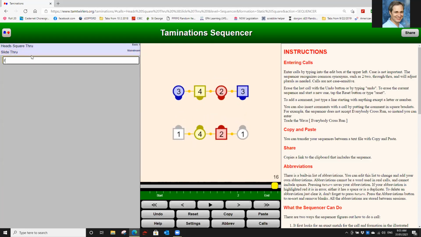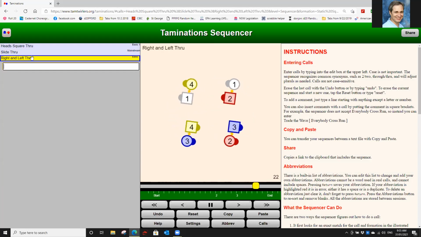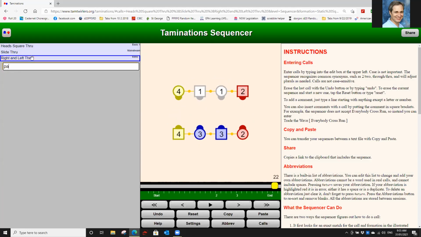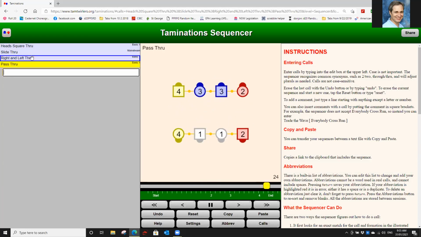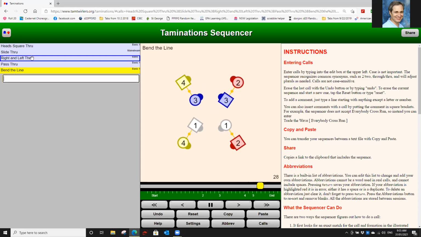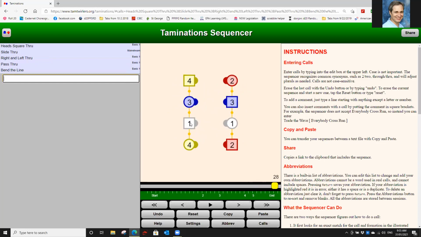Right and left through. Pass through. Bend the line. Now what we've done is we've created the sense for the dancers that they're dealing with somebody else right there. And so this is the technical zero effect. We've moved the people that we want, the new people, into a new side of the square, and there you go. So what we need to do now is basically restore the sequence.